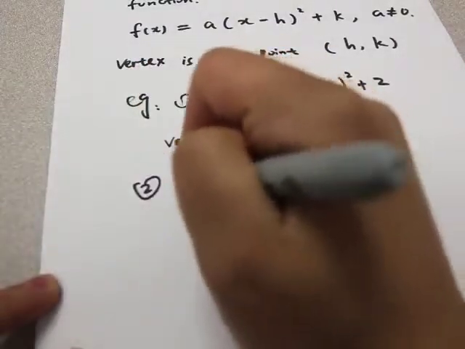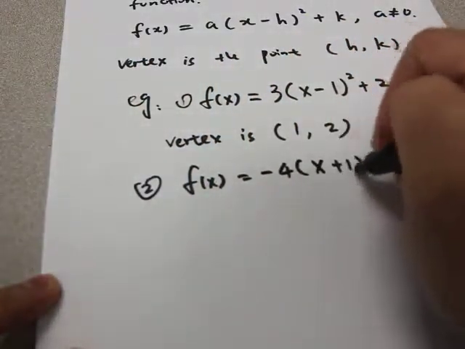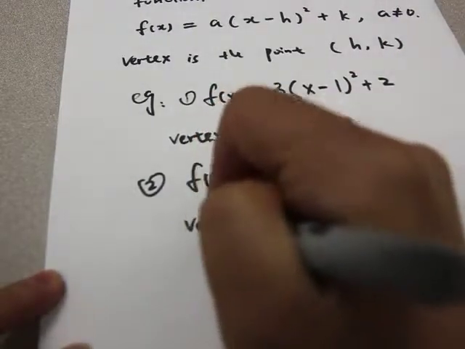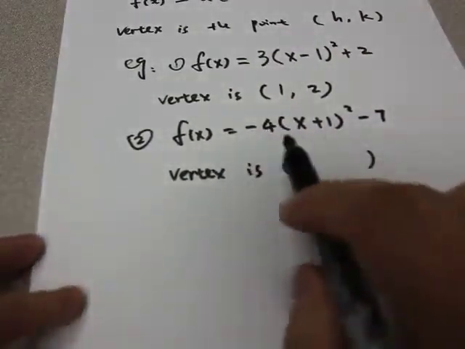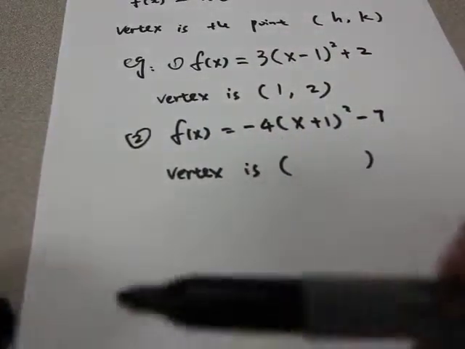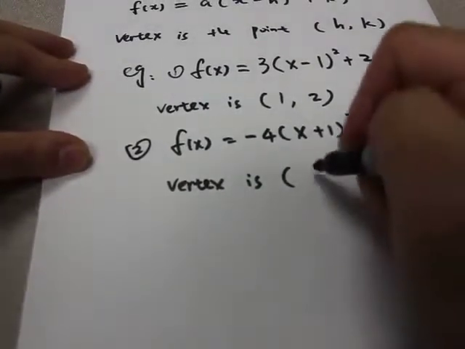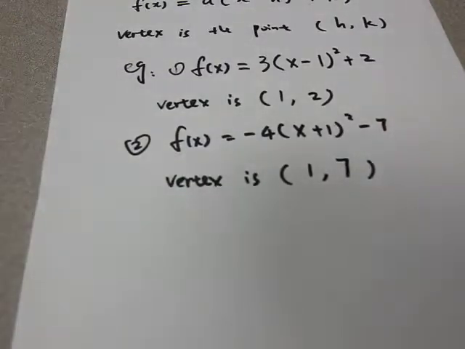Okay, now let me do a second example. In this case, some students would think the vertex is the point (1, 7). Actually, this is not right.